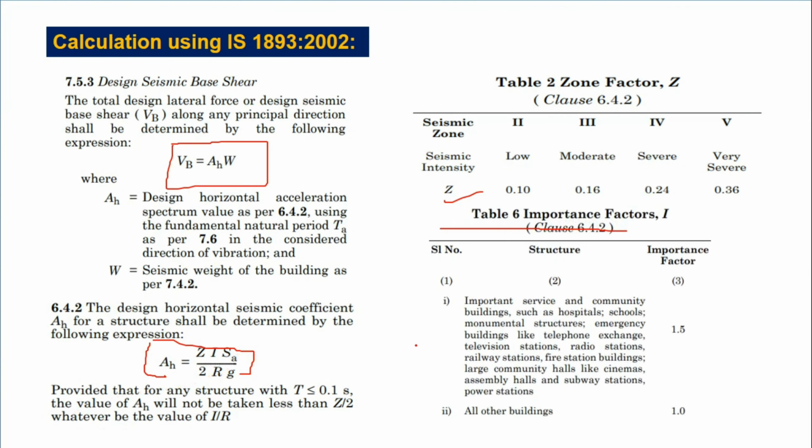I is the importance factor, and we can use table number 6 for its calculation. We have to use a value of 1.5 for important structures like hospitals, schools, community halls like cinemas, and for other ordinary structures we use a value of 1 as the importance factor.